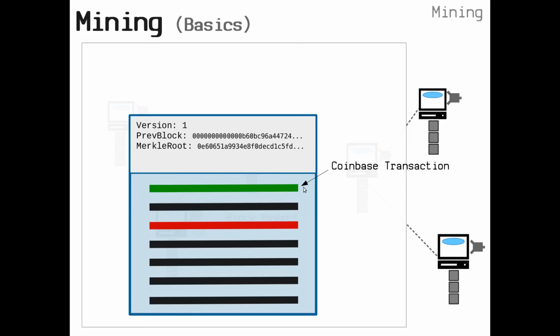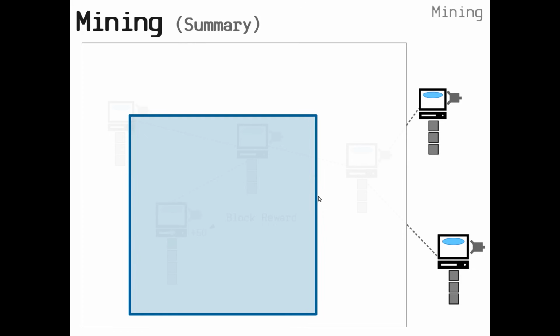This is a special transaction because it allows them to send themselves a set amount of bitcoins that had not previously existed. So if this block does get mined onto the blockchain, they will be able to receive new bitcoins thanks to this coinbase transaction. They put their Bitcoin address in here so that they can receive the block reward.